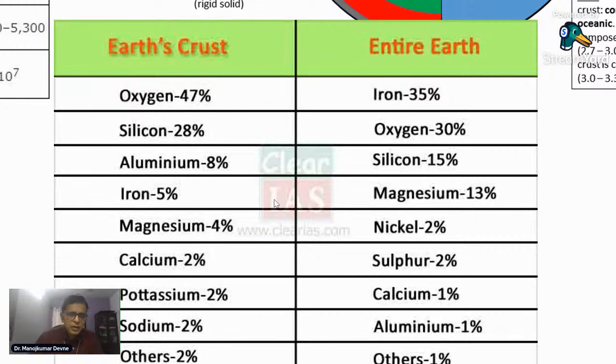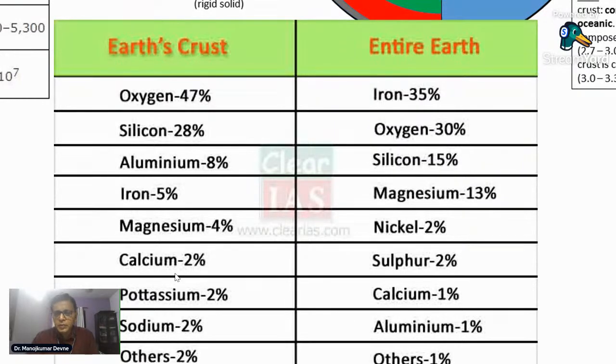What I mean to say here is, while we say 5% of iron here, and 35% of iron here, it's going to be a huge percentage of iron that you're going to have in the interior of the Earth. On the other hand, if I find something more here and something less here, say for example, sulfur and nickel, two percentage points each, and you hardly find them here, that doesn't mean that it's going to be less.